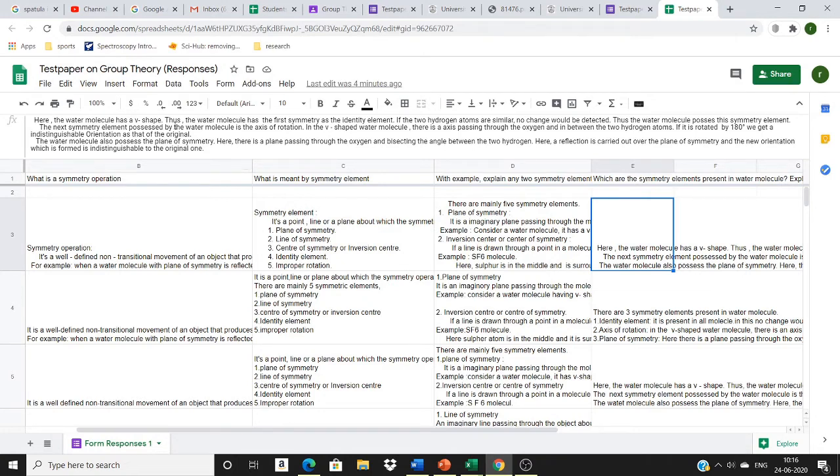Thus, the water molecule has the first symmetry element as identity element. If the two hydrogen atoms are similar, no change would be detected. Thus, the water molecule possesses this symmetry element.